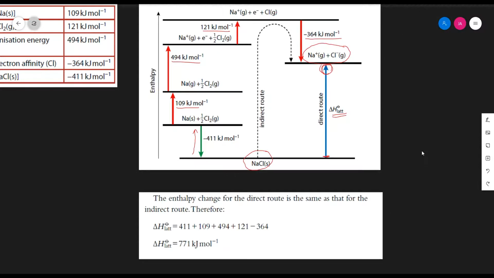Thus, I've added the sum of 109, 494, 121, and -364 for the electron affinity of chlorine, and I subtracted -411 from their sum, thus rendering this an endothermic process to produce positive 771 kilojoules per mole for the lattice enthalpy of sodium chloride.